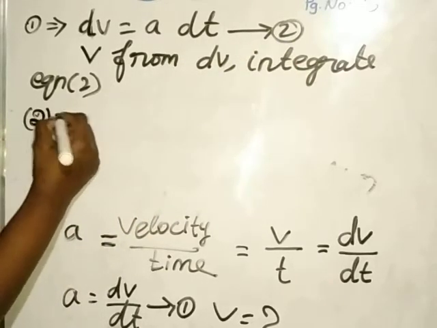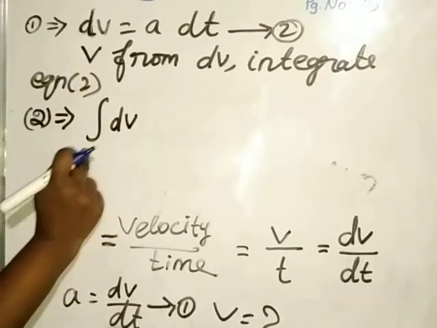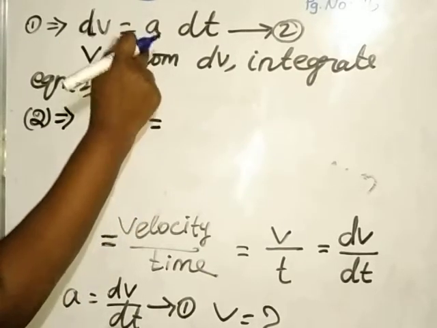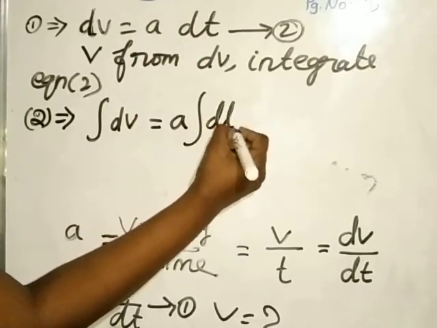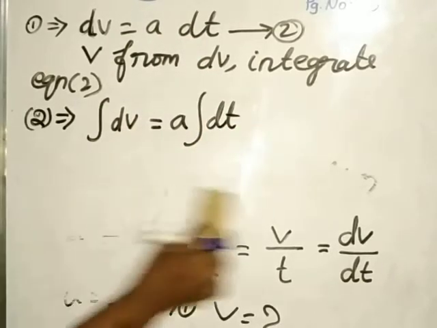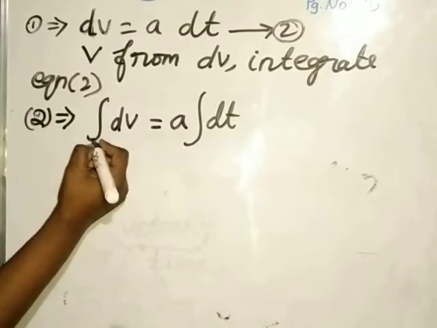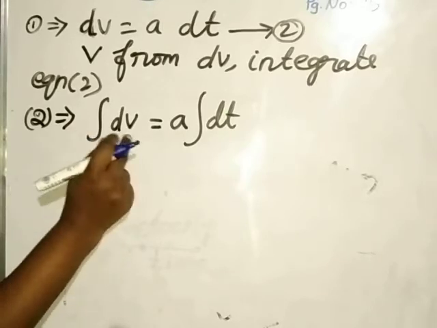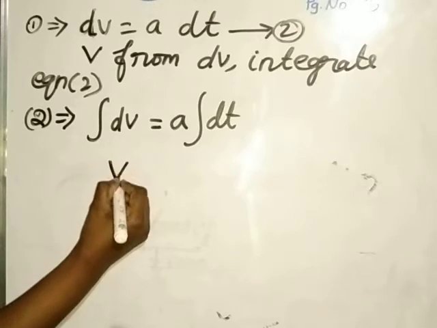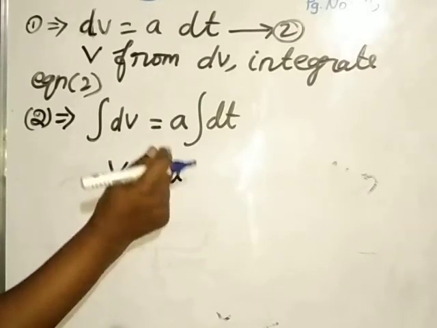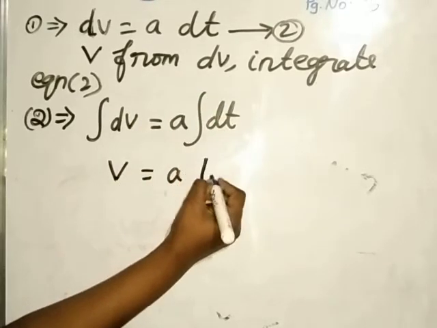From equation number 2, integral dv equal to a, which is a constant, take it outside, integral dt. Take all the d forms inside the integration. The integral of dv is v, and a into integral dt, the integral of dt is t.